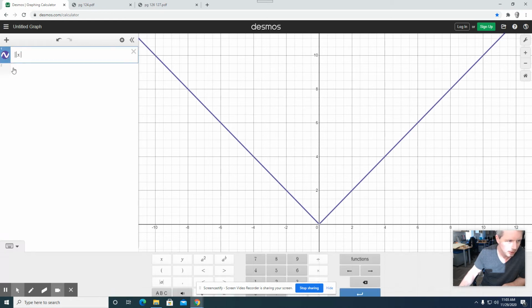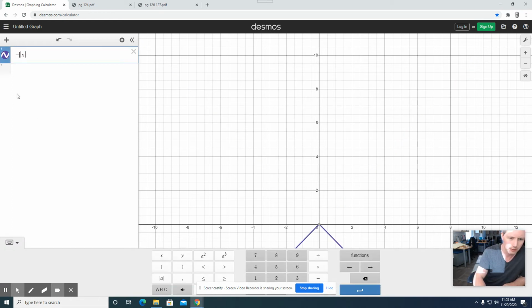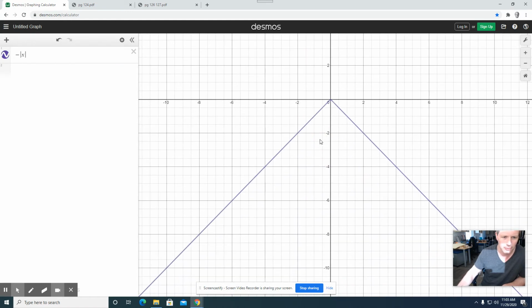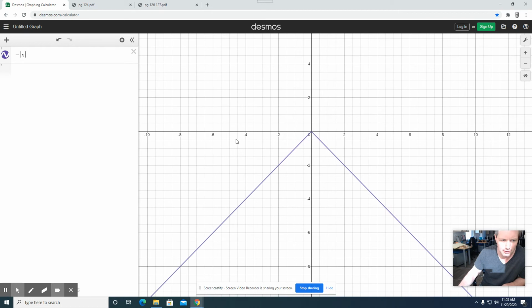If I simply put a minus sign in front of this, it flips it across the x-axis. That is the effect of that minus sign. Given the original function f of x, this is minus f of x. Taking the negative of the function will always flip it across the x-axis.